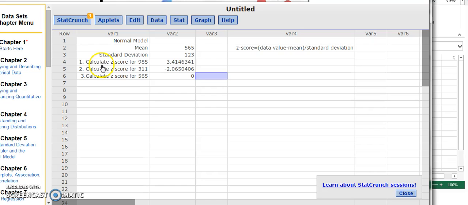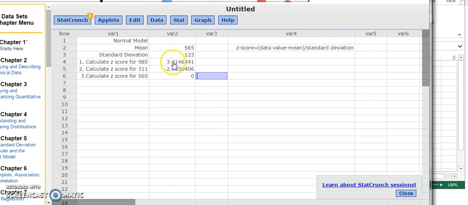As you look at the z-score, here's the important property. The z-score could be positive, negative, or 0. If the data value you look at is equal to your mean, it has a z-score of 0. If a value has a positive z-score, this number is this many standard deviations above your mean.